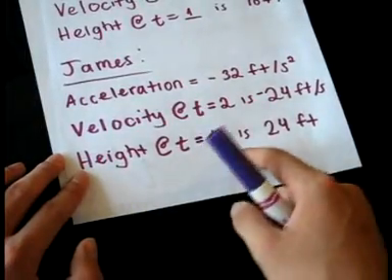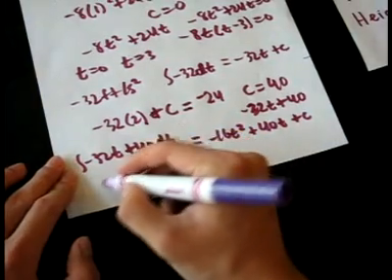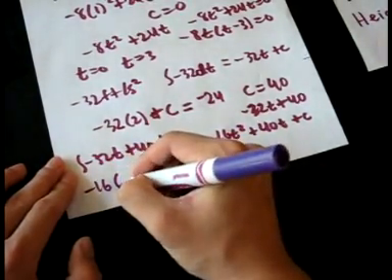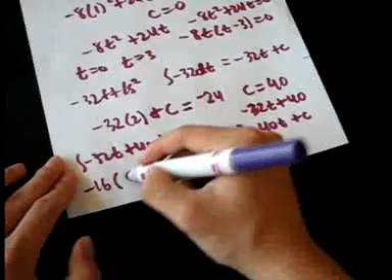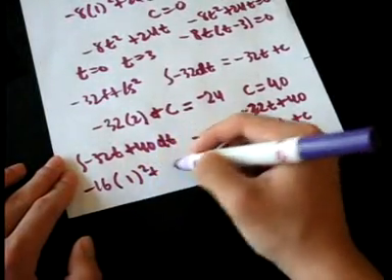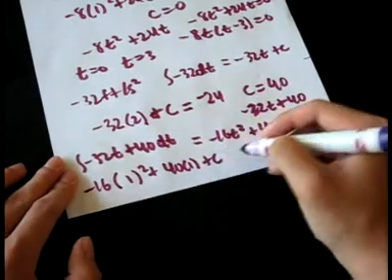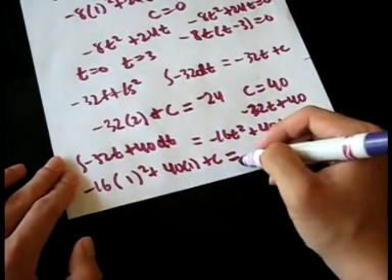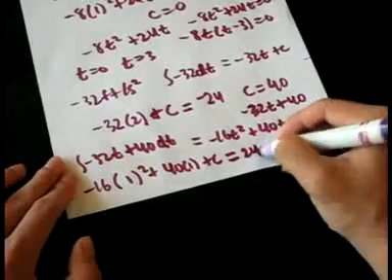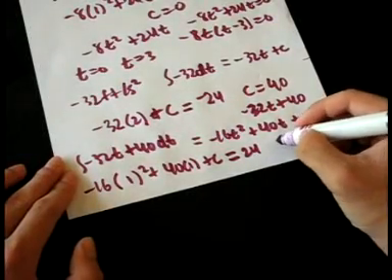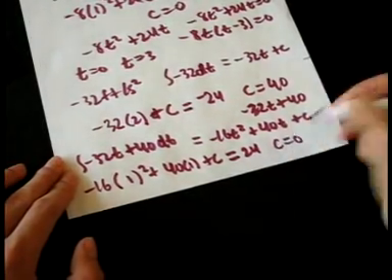Since the height is given, you can also plug it in and find the value of c. It equals 24. If you work it out, I think c comes out to be just 0.